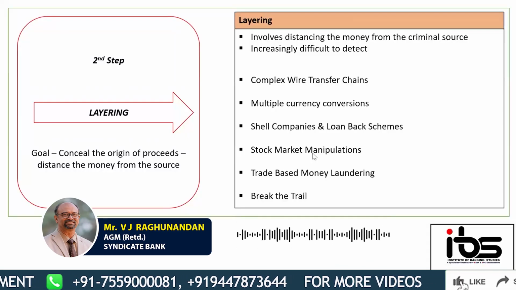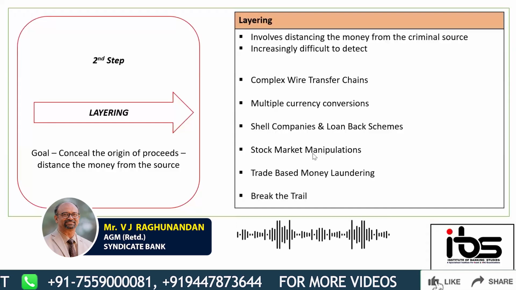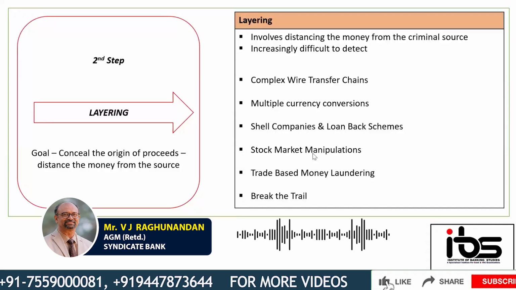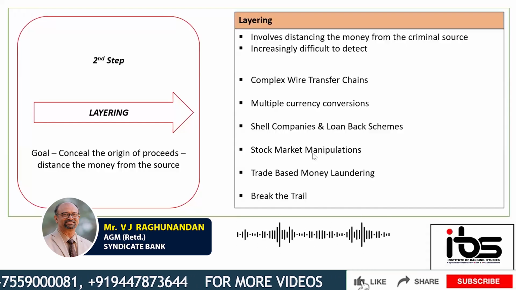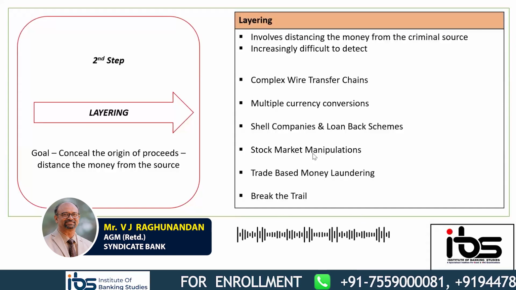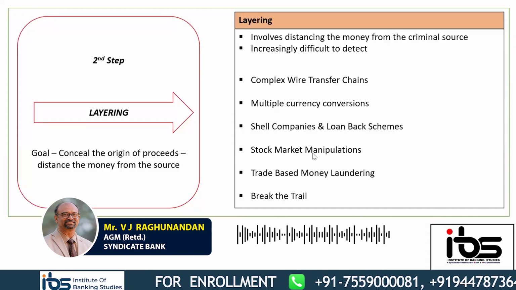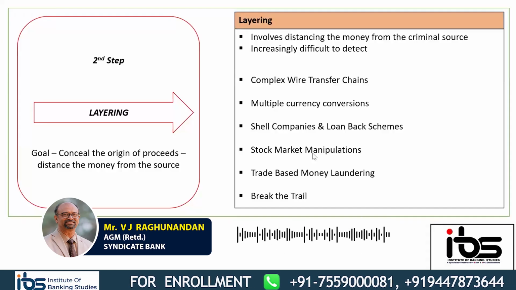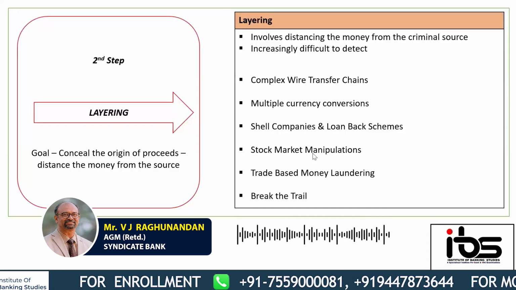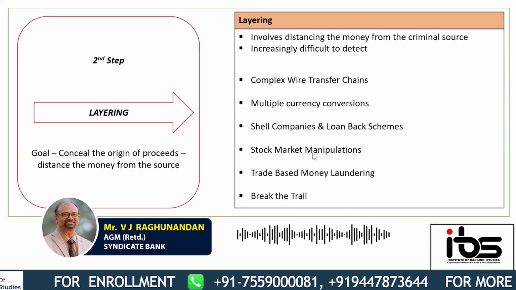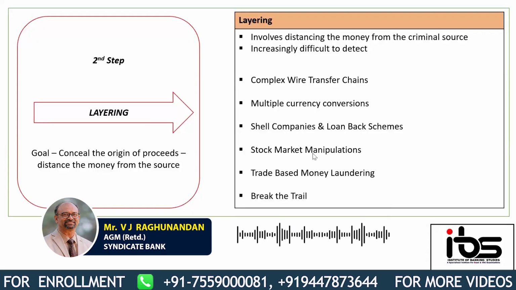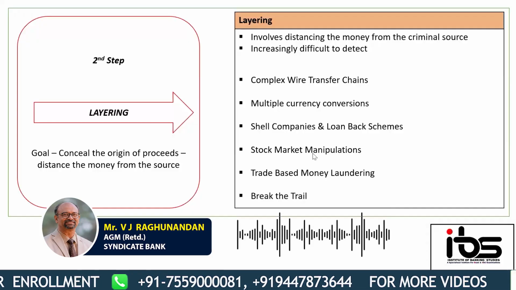It involves distancing the money from the criminal source, and it is increasingly difficult to detect. The more the number of transactions, the more the number of transfers, very difficult to detect, right? So, complex wire transfer chains. The money launderer resorts to creating complex wire transfer chains. Illicit funds are rapidly transferred through multiple accounts across locations, particularly through jurisdictions with weak AML regulations or strong banking secrecy norms.